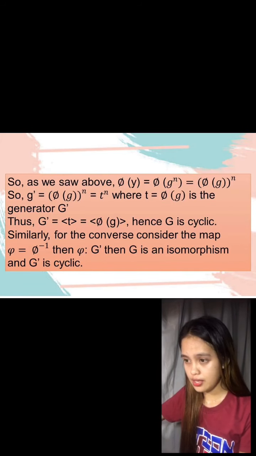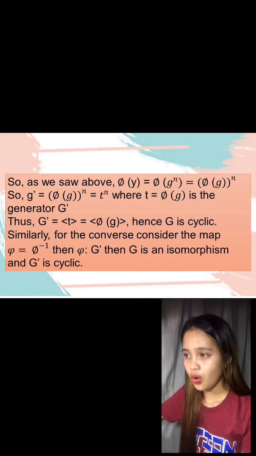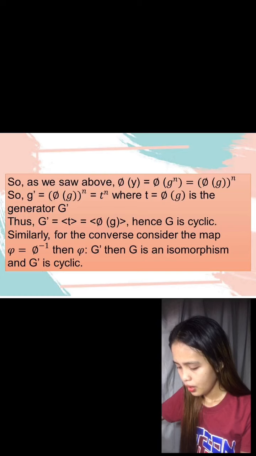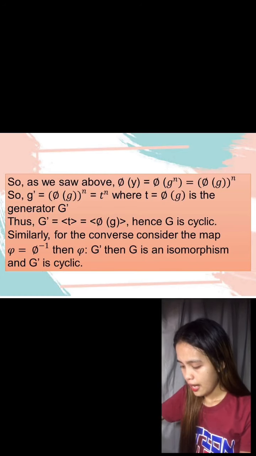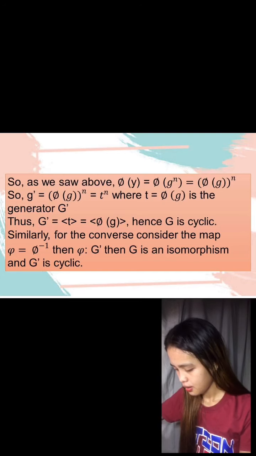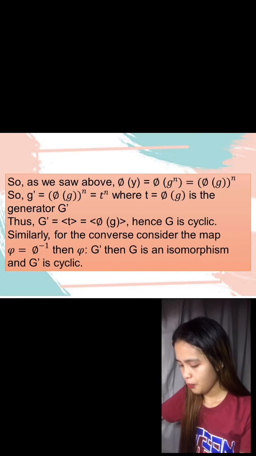So as we saw above, phi of y is equal to phi of g to the power of n, because phi is an isomorphism.